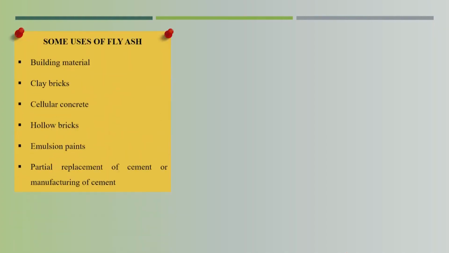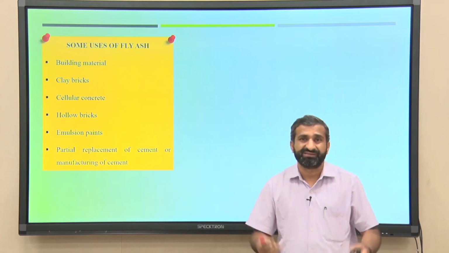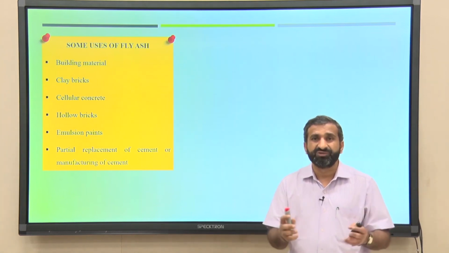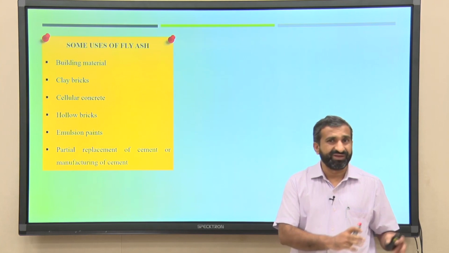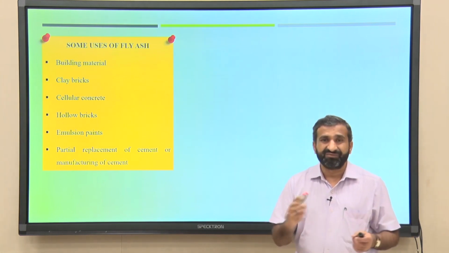So, there are some more uses of this fly ash or solid residue, like building material, clay bricks, and in India also, because we are using a large amount of fired bricks, and they are always using the clay soil, which is one of the best agriculture soils, to prepare the fired brick.